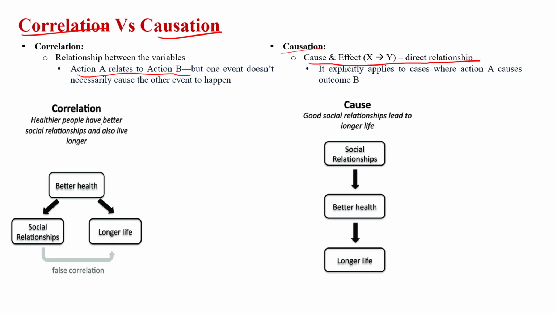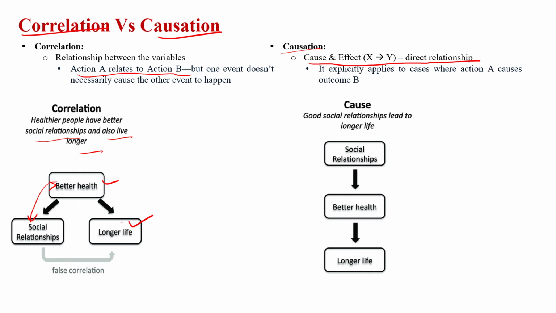So here is an example. We are saying that healthier people have better social relationships, so they have some correlation or relationship. Similarly, better health also means living longer. If you have better health, there is a strong relationship that you will live long.